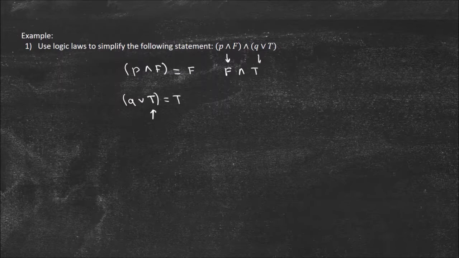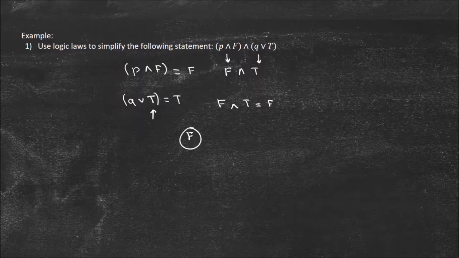So that simplifies to true, and I'm left with false, a contradiction, and true. That can never happen. If you have a contradiction, the and is never going to be true. So the answer to this is just false. This whole thing simplifies to a contradiction, never going to be true here.